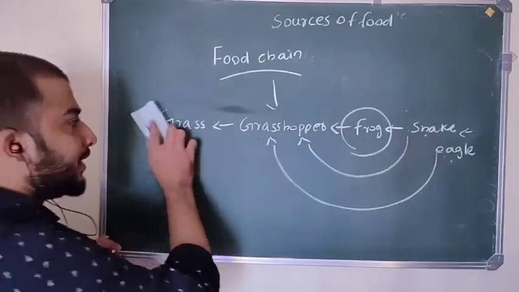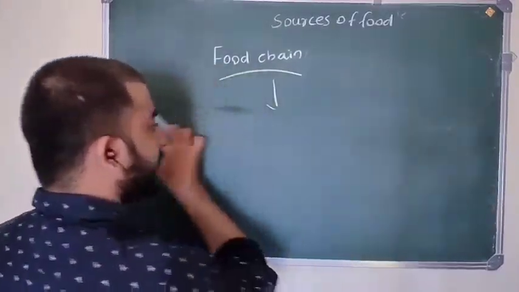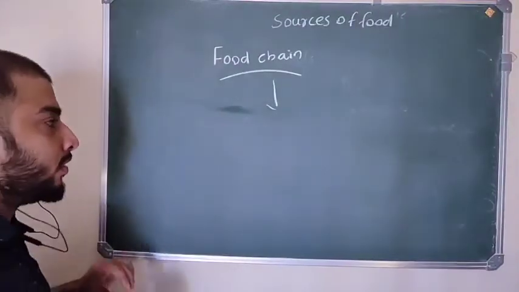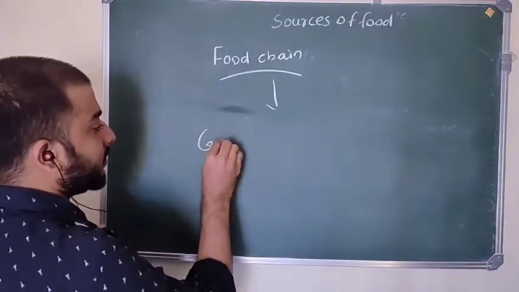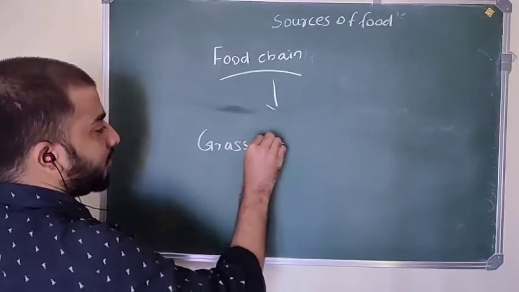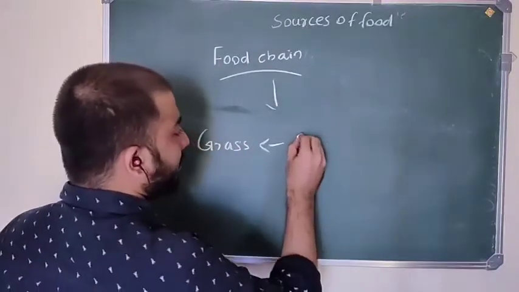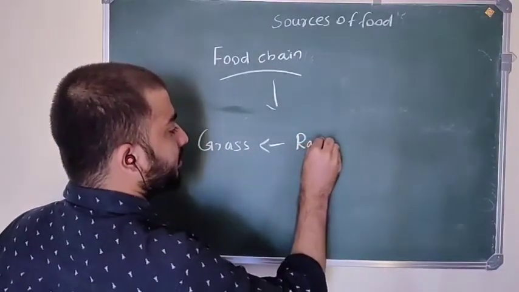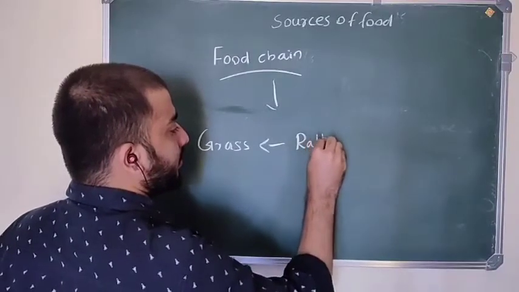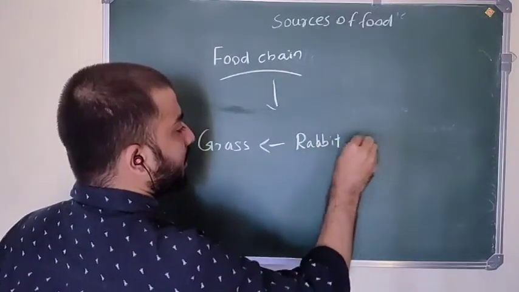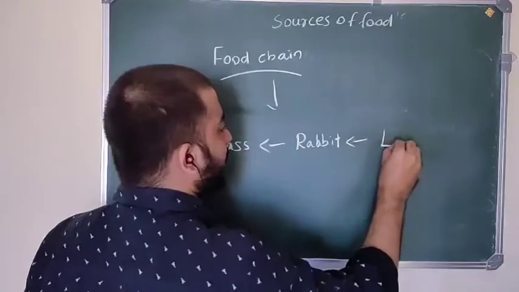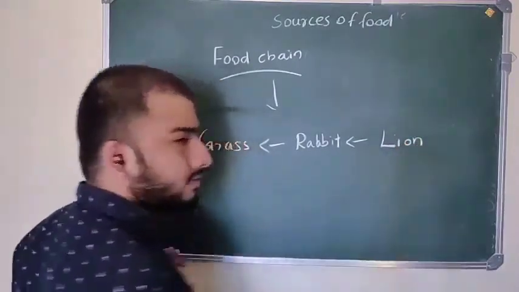Can you give another example? Yes, grass is eaten by rabbit, then rabbit is eaten by lion. That is one example.